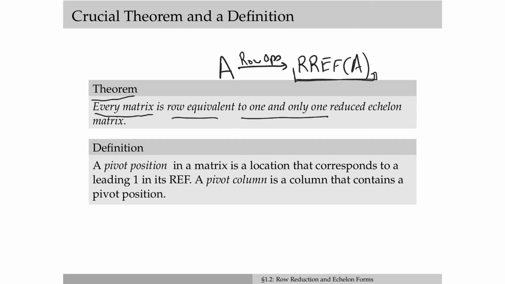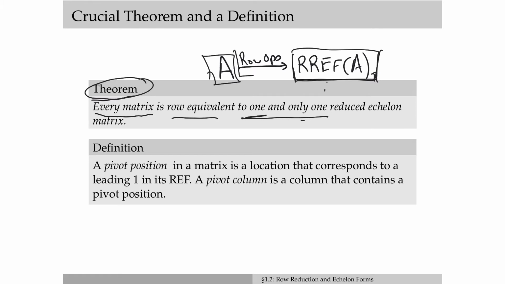Thinking back to one of the most important questions in mathematics, that is saying that the reduced row echelon form of a matrix is unique. And even more, it's saying that it exists. So this is an existence and uniqueness theorem for us. It says that given a matrix A, its reduced row echelon form exists and is unique.